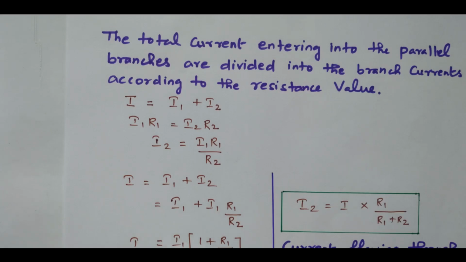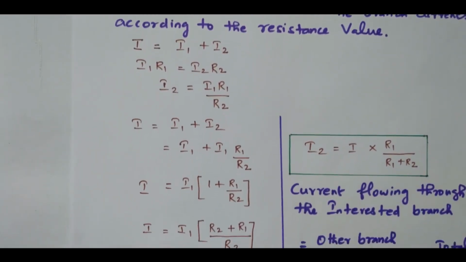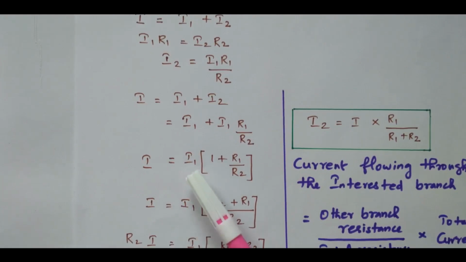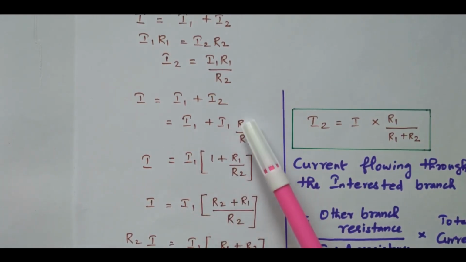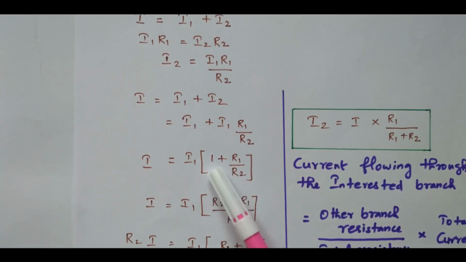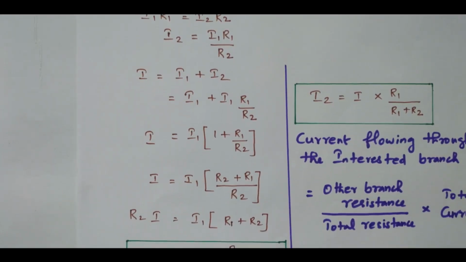Now take I1 common. I1 is available in both the terms. So 1 plus R1 divided by R2. Take the LCM. Nothing is available in the first term, so this value is multiplied: R2 plus R1. So finally what we got?